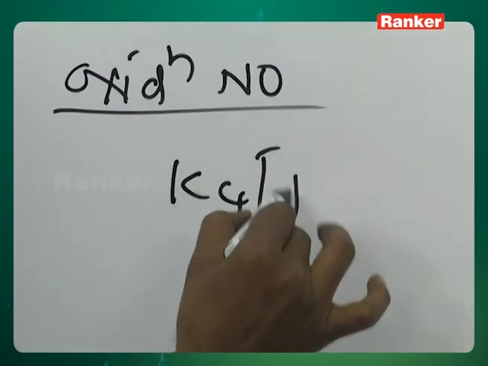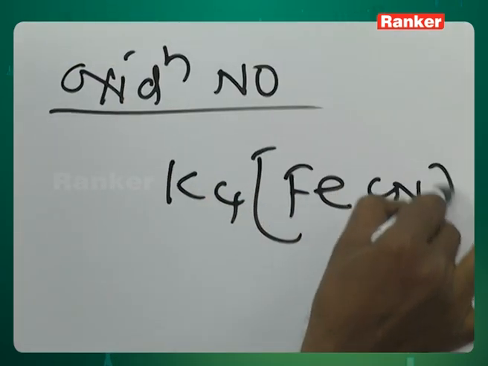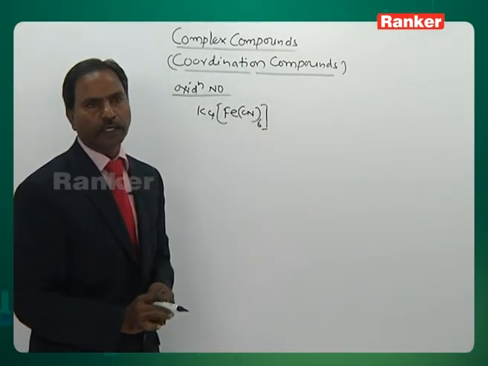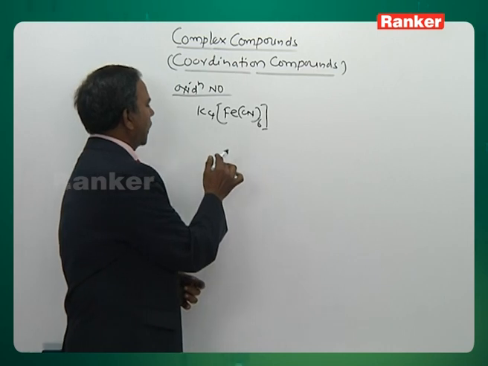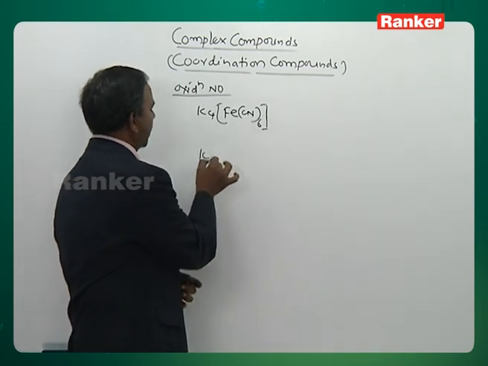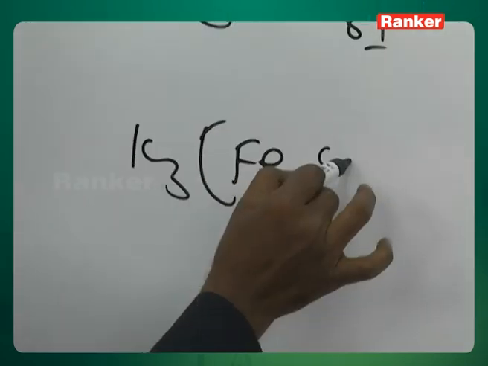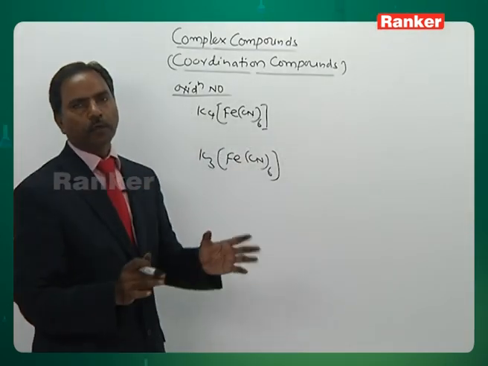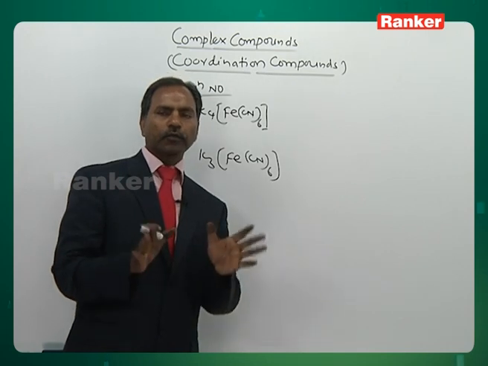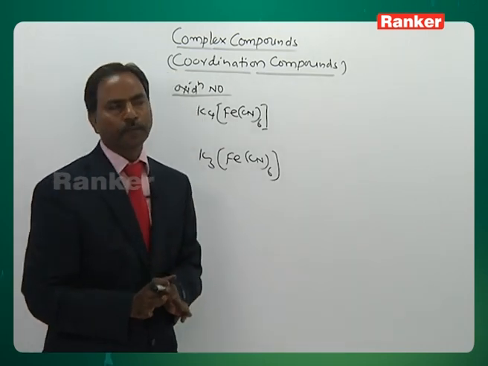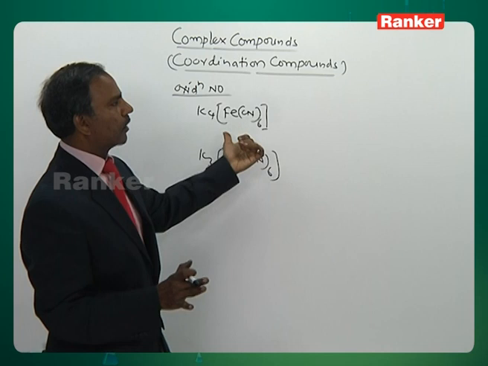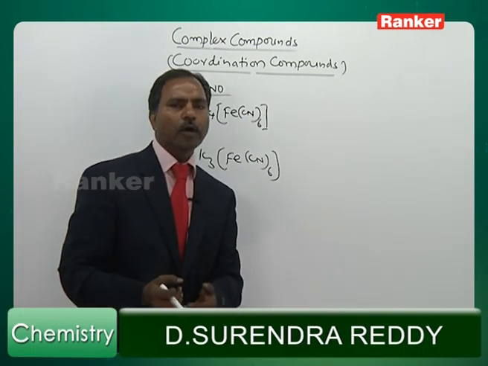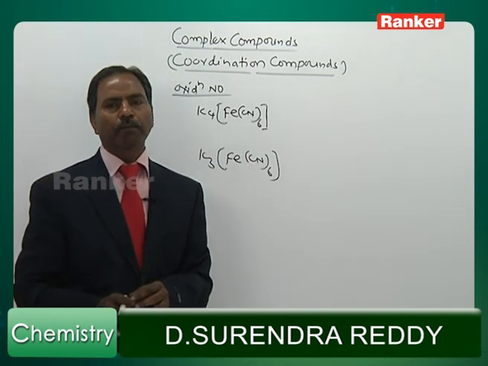Let me write complexes well known to you: potassium ferrocyanide, and potassium ferricyanide, K3Fe(CN)6. How do we find the oxidation number of the metal ion in these complexes?